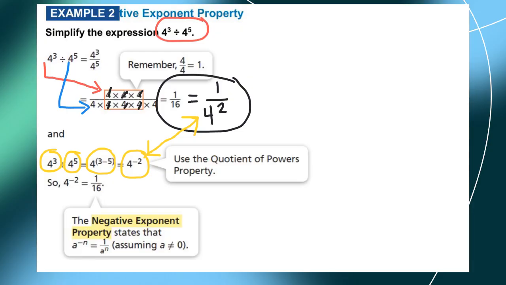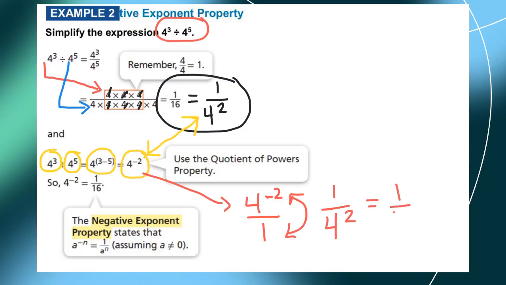What's actually going to happen is I'm going to take this 4 to the negative 2, and I'm going to give it a denominator. I'm going to flip it on its head. And when I flip it on its head, I'm going to ditch the negative. And I'm going to get my answer.